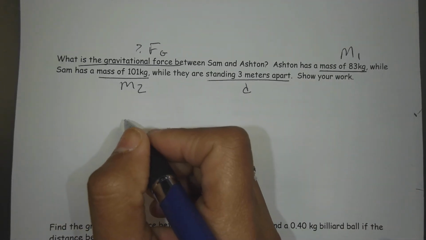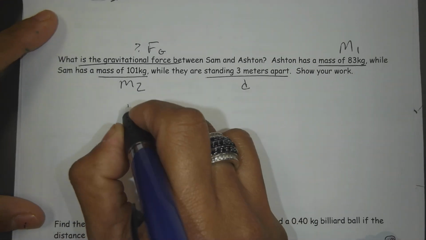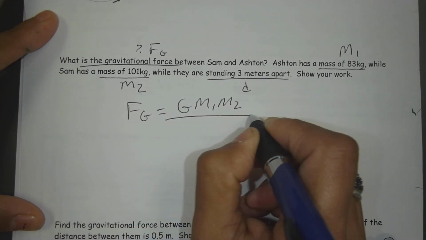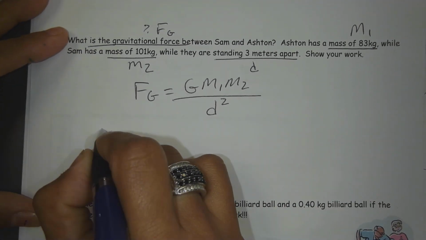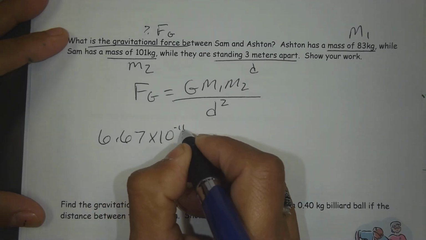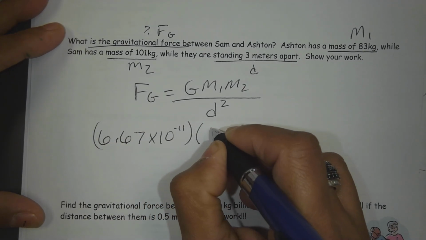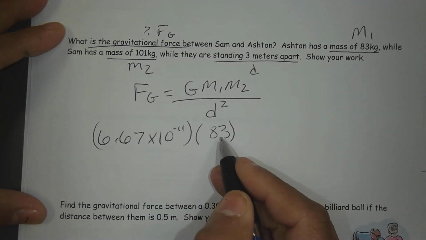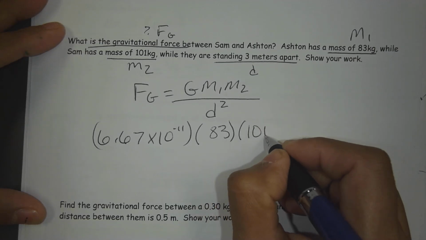So for this situation, back to that same equation, Fg equals big G M1 M2 over the distance squared, or that constant number, 6.67 times 10 to the negative 11th, multiplied by Ashton's mass of 83. So what I wanted to say is not all masses are crazy big numbers. They can be regular numbers, 101.